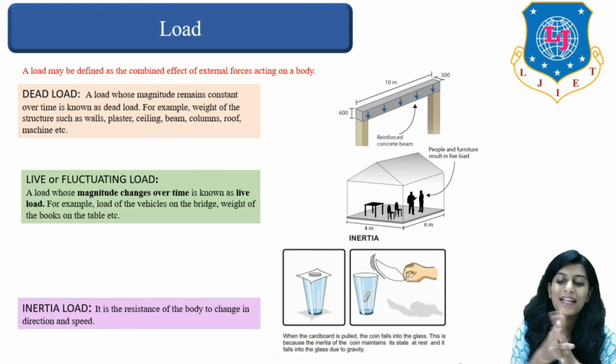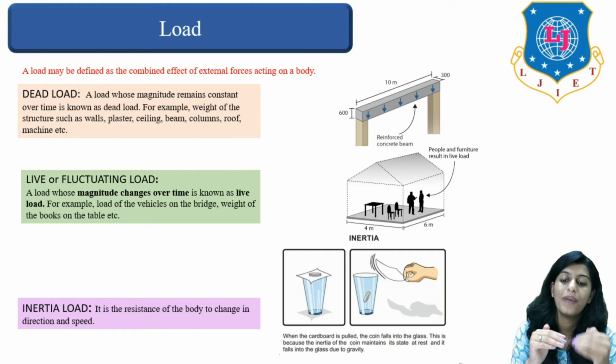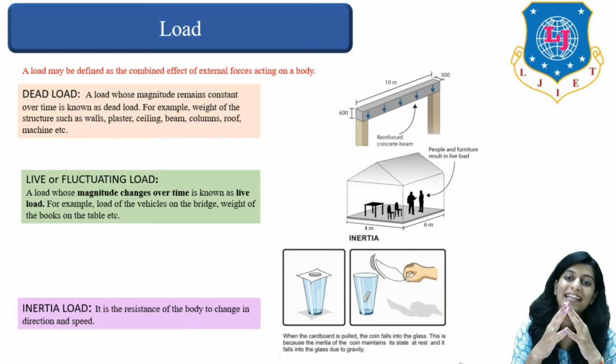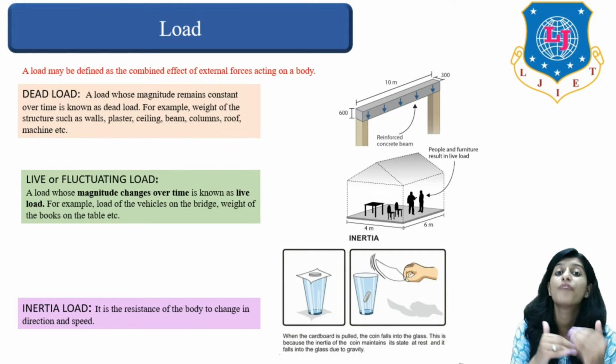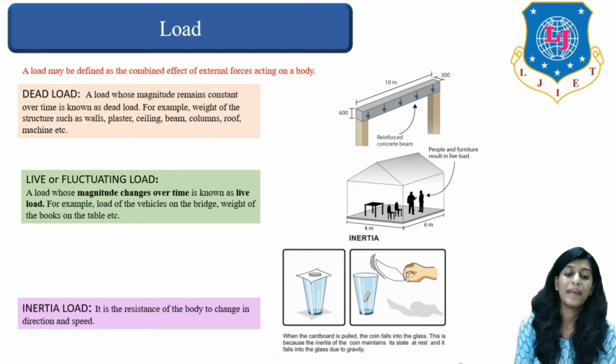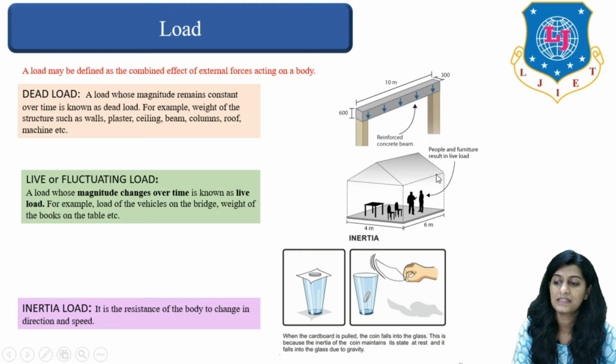Clear? For example, the load of vehicles on a bridge is termed as a fluctuating load, because at any given time the number of vehicles on the bridge may differ, and due to that difference the load on the bridge may differ, right?